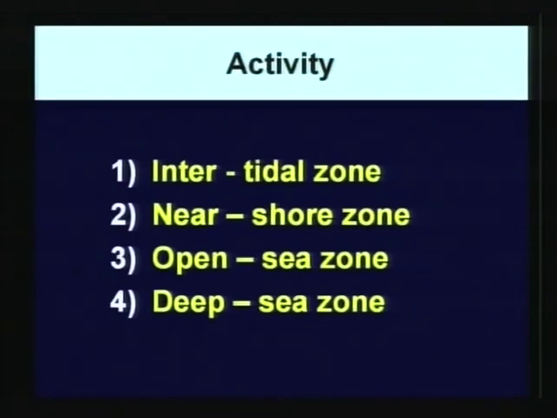This zone is at the bottom of the ocean. It is very dark, and very few creatures live there. There are no plants or very few plants in the deep sea zone.